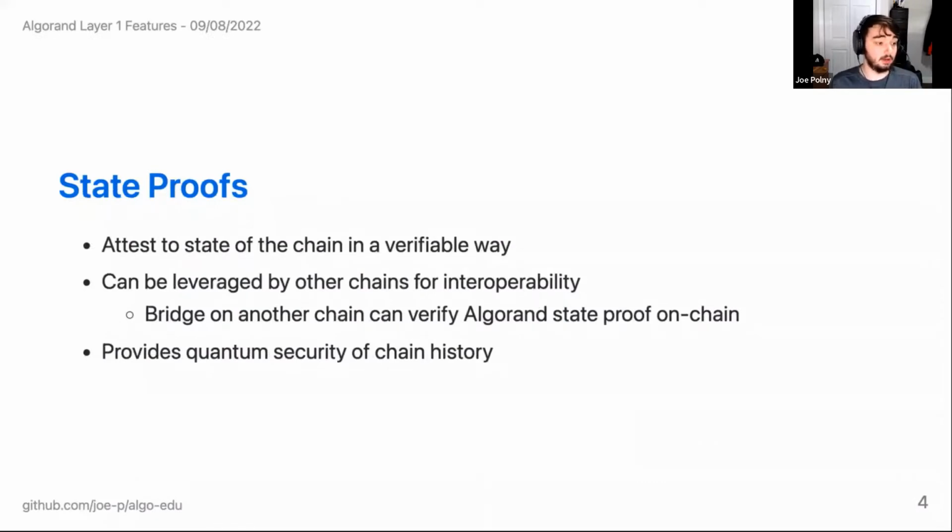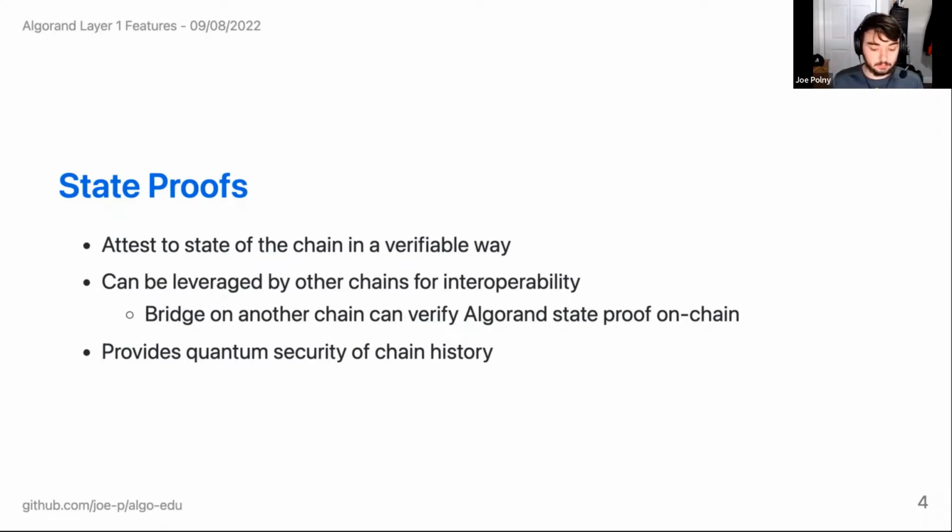And finally, another great feature on Algorand is state proofs. State proofs are basically a way to verify the state of Algorand on other chains. What this allows is that in the future, other chains can be interoperable with Algorand. And this is a strong path to the multi-chain future that we at Algorand think is the future of blockchain and this technology.